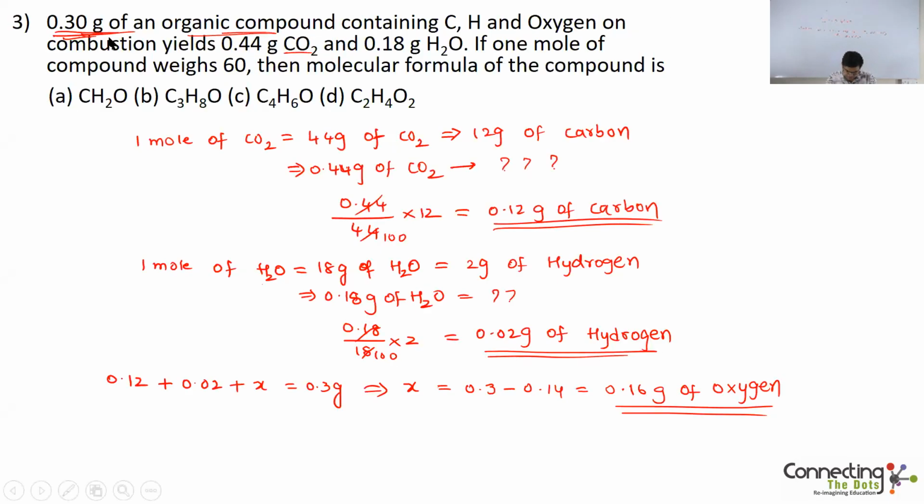Now let us find out the empirical formula. For simplicity, I'll write down the values here: 0.12 grams of carbon, 0.02 grams of hydrogen, and 0.16 grams of oxygen.